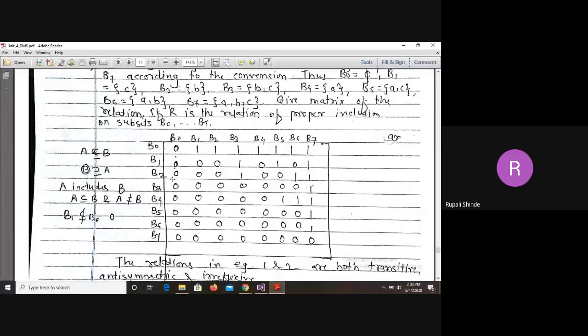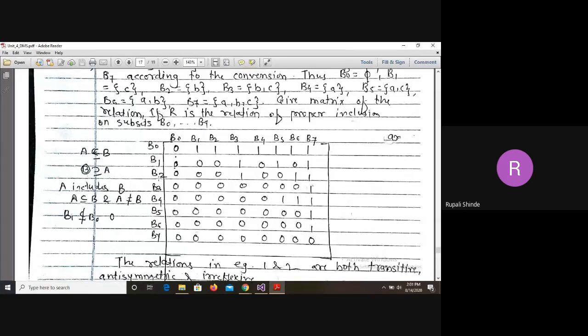Now next is B2, B6. B2 is set B, B6 is set A comma B. So here we can say that B2 is a subset of B6 and B2 is not equal to B6. So B2 is a proper subset of B6, so we mark 1.